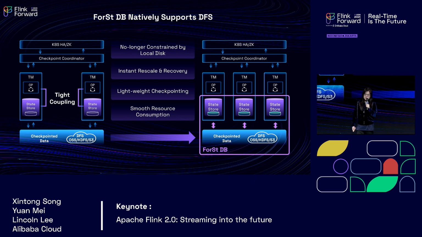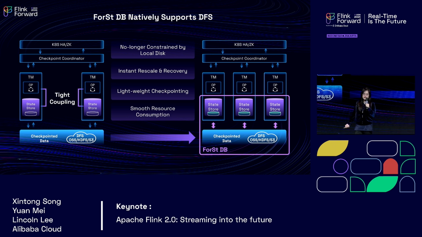And the third is, now we have the working state and the checkpoint data written to the DFS altogether. So underlying, they can share the same physical files. In that sense, we can make the checkpointing procedure lightweight. As I have already mentioned, the checkpointing procedure generates the resource peak usage in the current tightly coupled architecture.